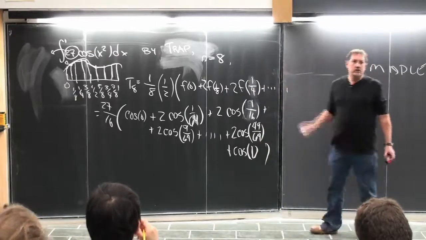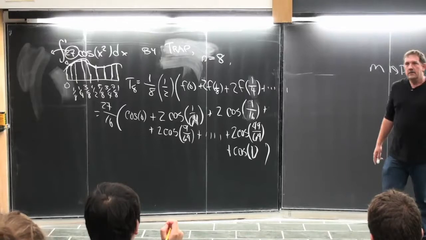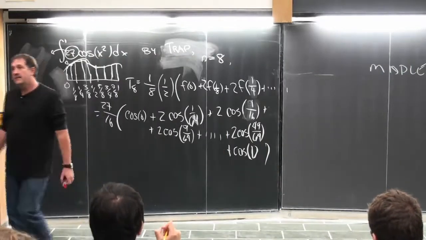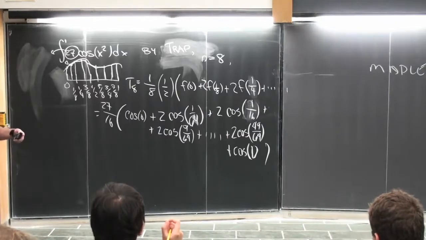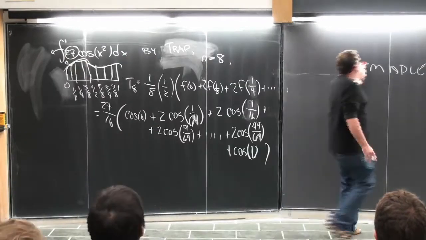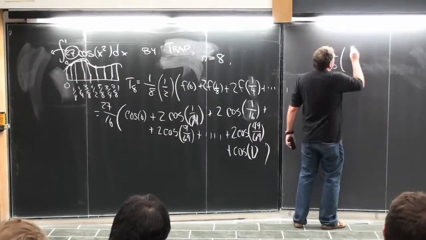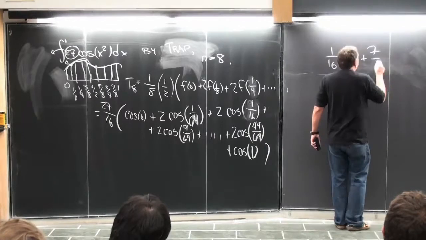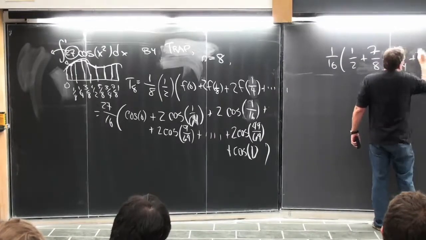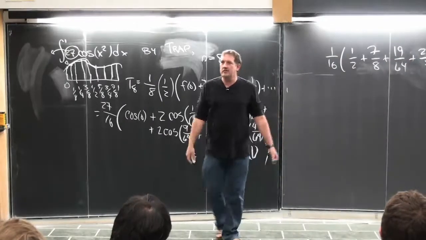So then you plug all this junk into your calculator and you get the answer. Are we allowed to calculate on the exam? No, but on the exam, I won't ask such a nasty thing. On the exam, if you have an answer like 1/16 of 1/2 plus 7/8 plus 19/64 plus 22/7, that answer is correct, assuming that those are the right numbers.